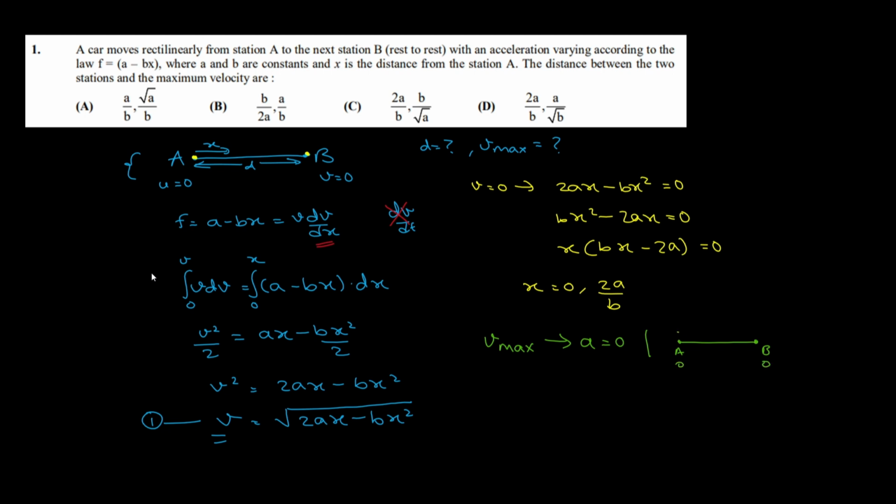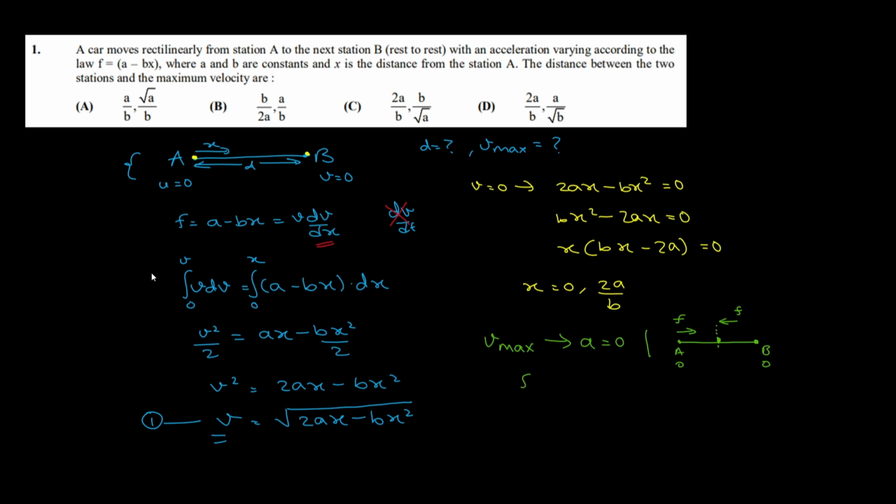If I start moving with an acceleration f, then there will be a certain point after which the acceleration becomes retardation, or negative acceleration, to make our velocity 0 again at station B. So at some point the acceleration would be 0, right?